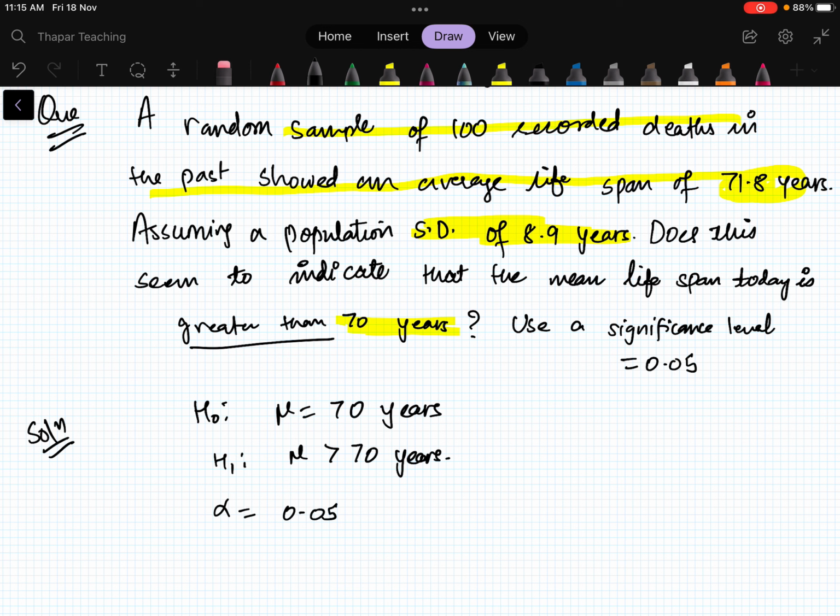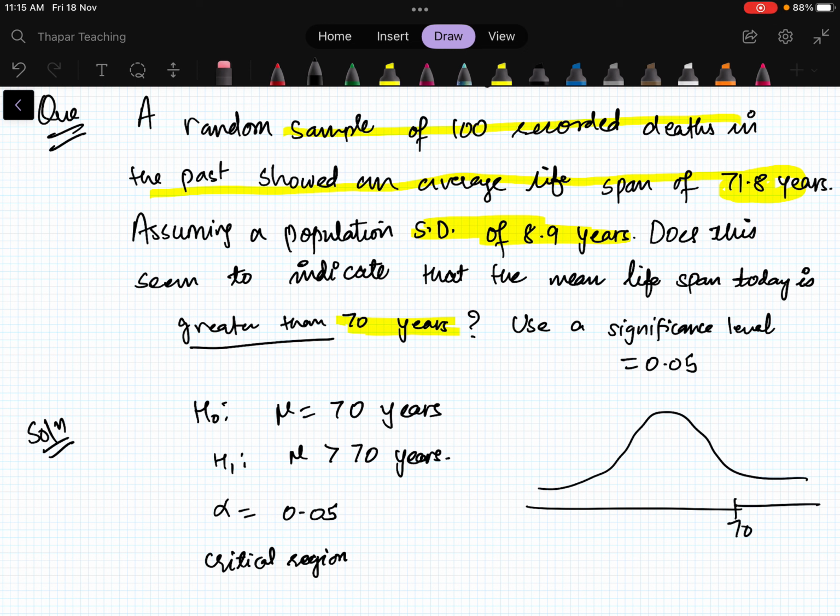So what is my critical region? Here you have 70, this is your mean, and this will be your region after a significance level of alpha. So this is your critical region.